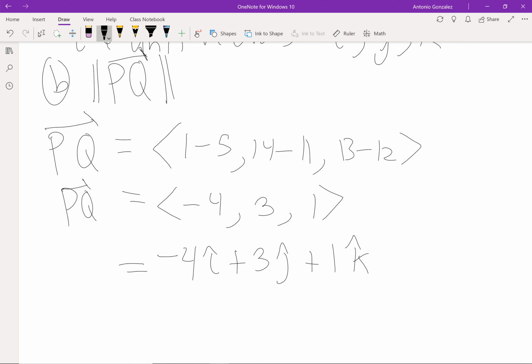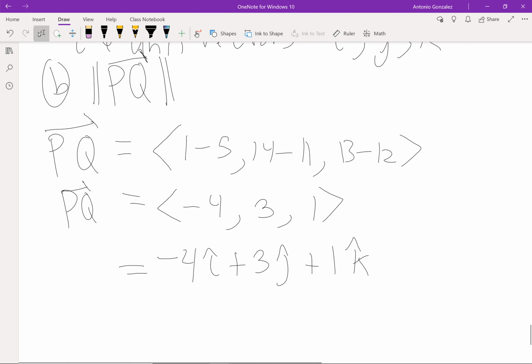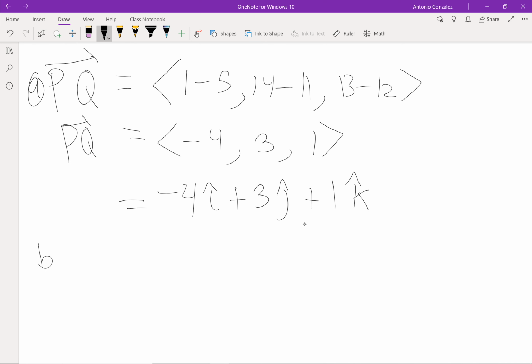Right, and performing this operation as defined in R3 returns to us the vector (-4, 3, 1). All right, so that is part A. And then part B, to find the magnitude of PQ.